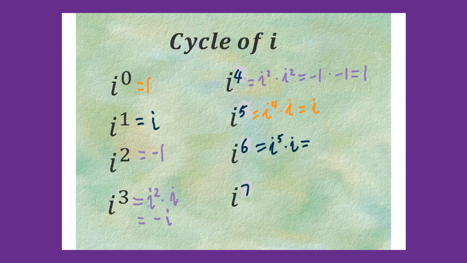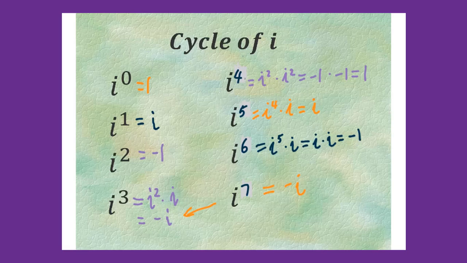That means i times i equals -1. Then you can predict that i to the 7th power will be -i. So basically, it's repeating every 4.